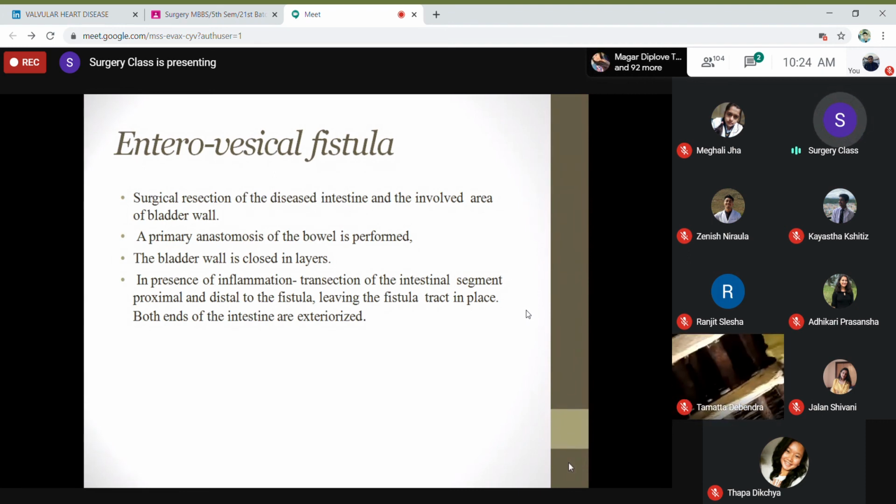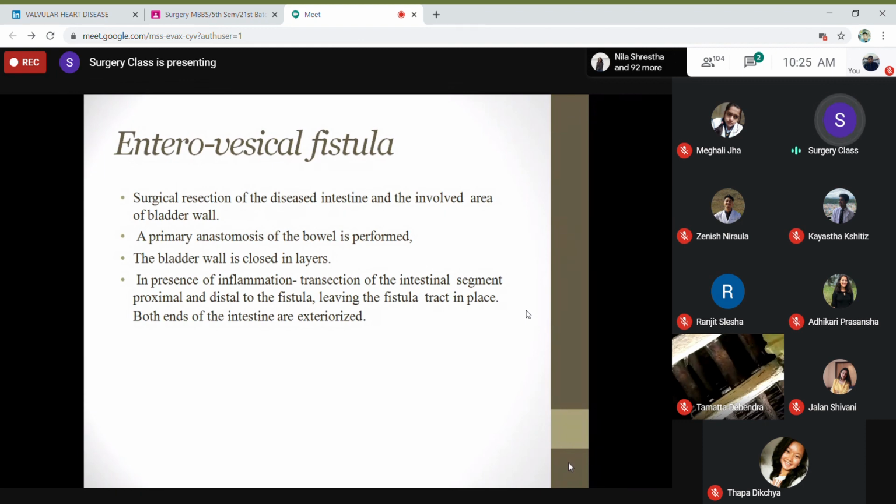Then you will investigate the patient. Maybe you'll do a cystoscopy and try to isolate the site of the fistula, or you do a contrast CT scan and then you will see the location of the fistula. Oh, there is a fistula. Then you have to open the patient and operate.